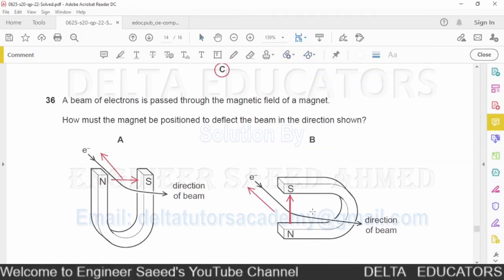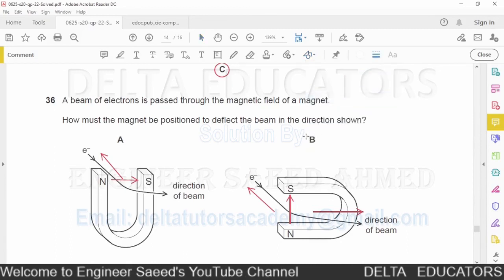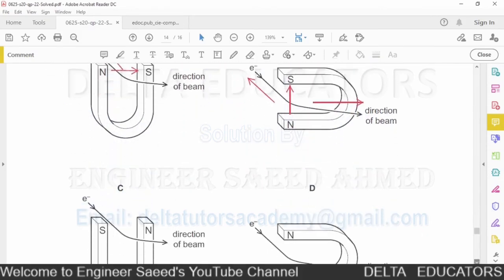It will be in this direction. So here our correct option is option B. Okay, no need to check the other options.